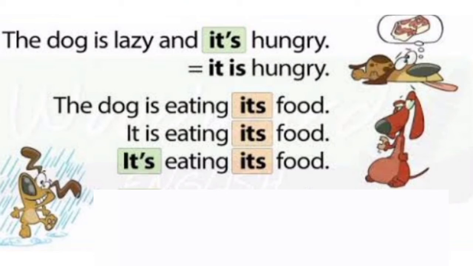So that is why we have used its without an apostrophe. It's eating its food: the first it's refers to the dog, and the other its without an apostrophe refers to the possession over the food.